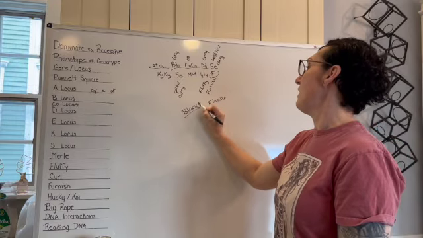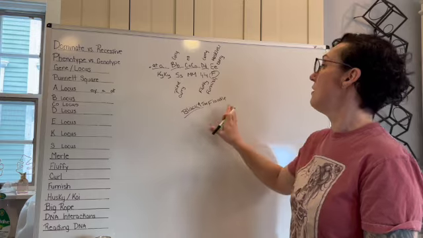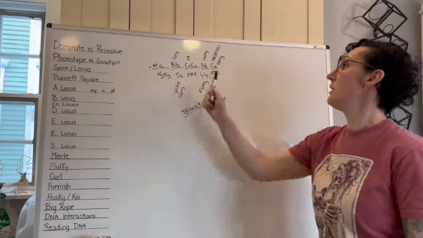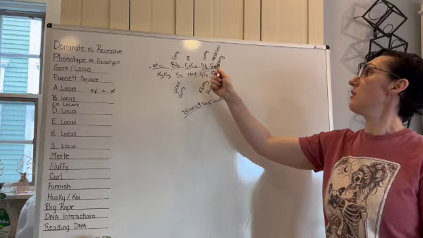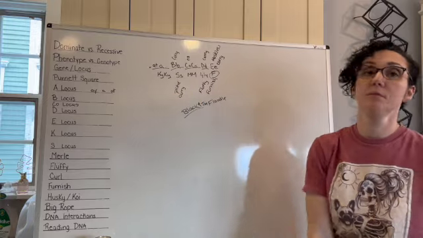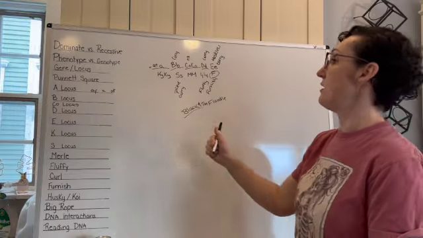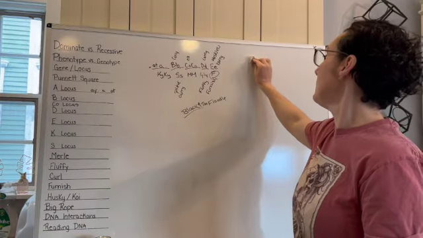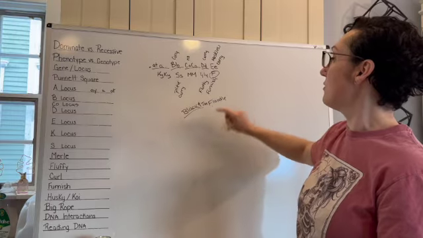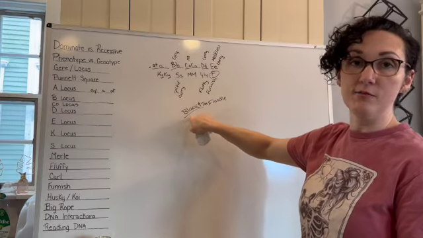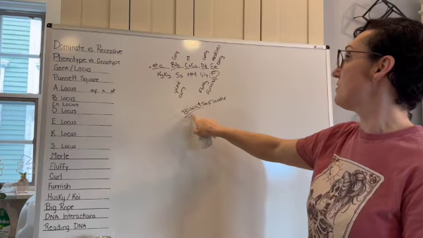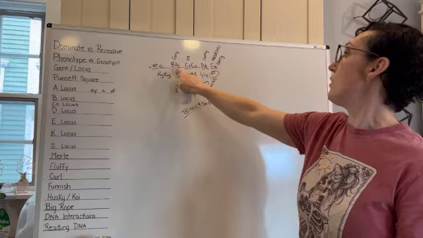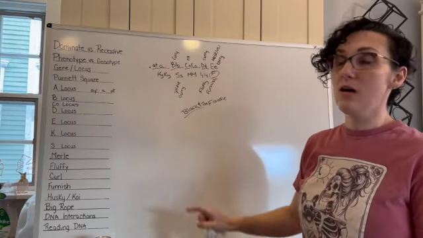ATA, tan, flutal. Carrying Rojo. Carrying blue. Carrying cream. Carrying pied. That is my girl Wednesday. You can see her on my page, but there you go. Don't let this get you. If they do not have 2 copies of a recessive color, if they are not fawn, they are black.